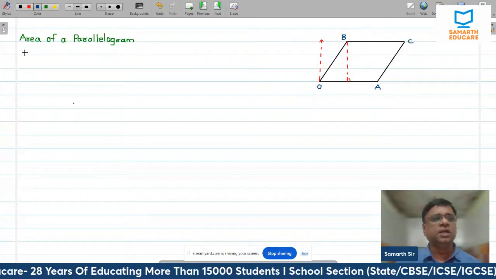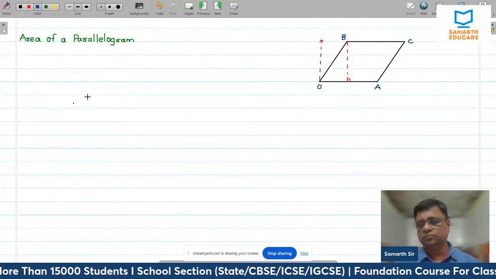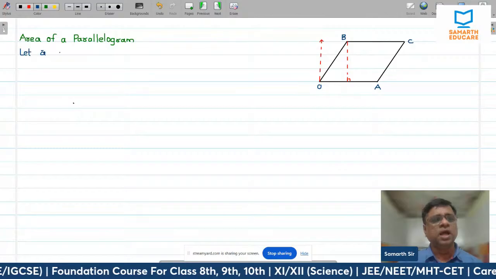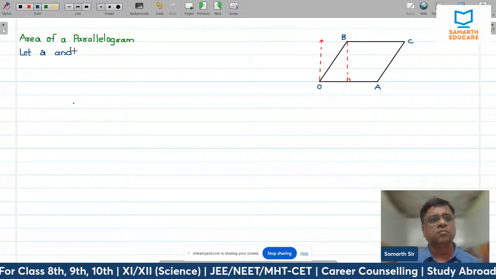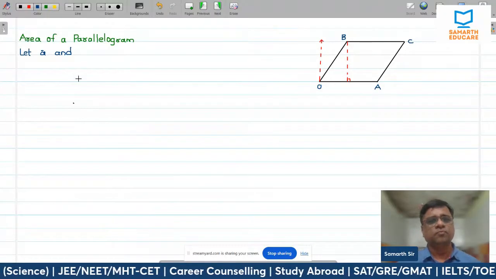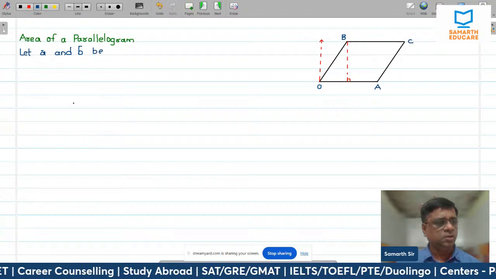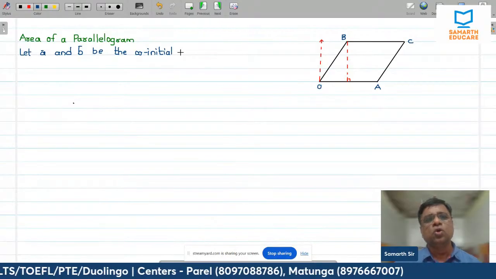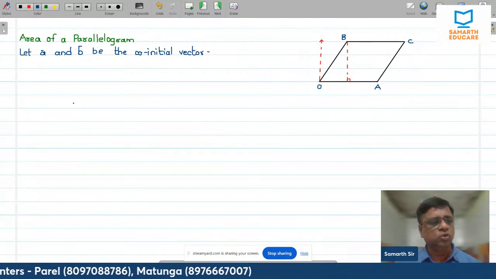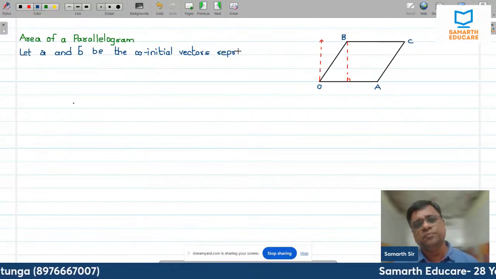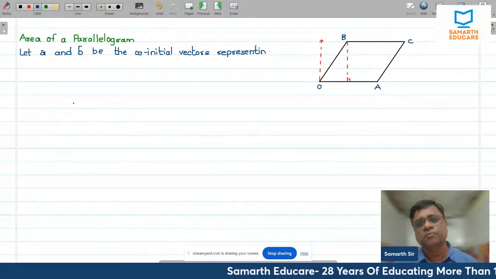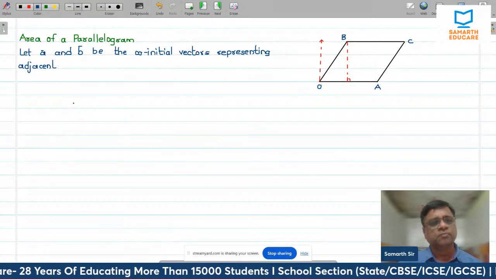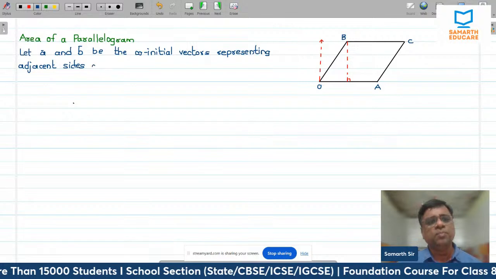Let A bar and B bar be the co-initial vectors representing adjacent sides of a parallelogram.